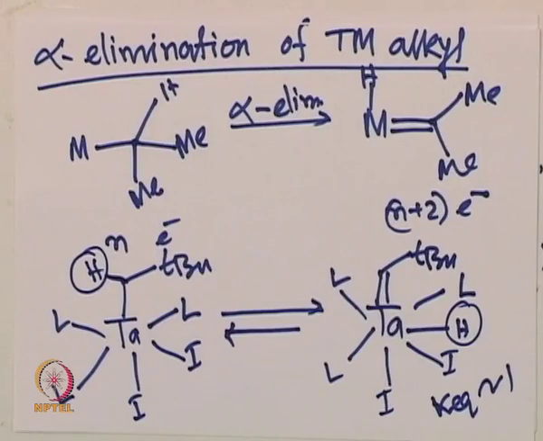Now, next we will move on to beta migratory insertion, where we will see that so far we have discussed the alpha positions getting converted or eliminated, or some transformation happening at the alpha position.